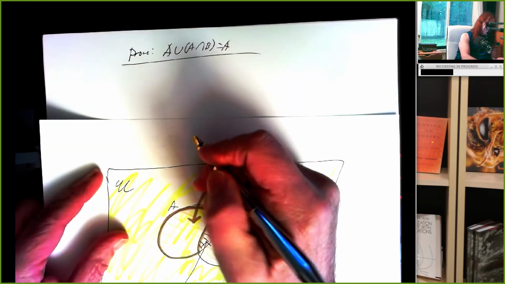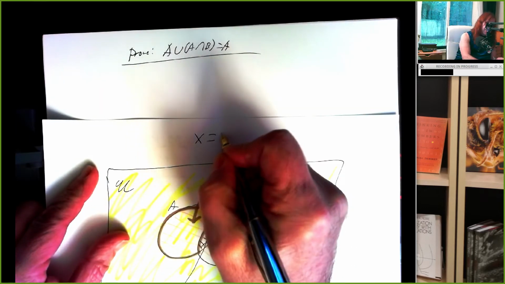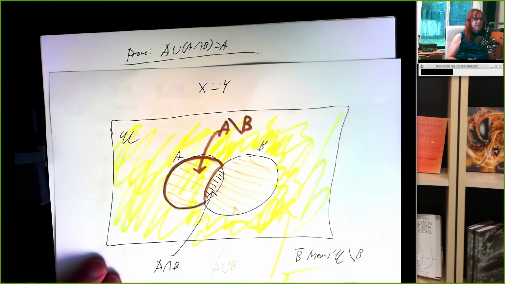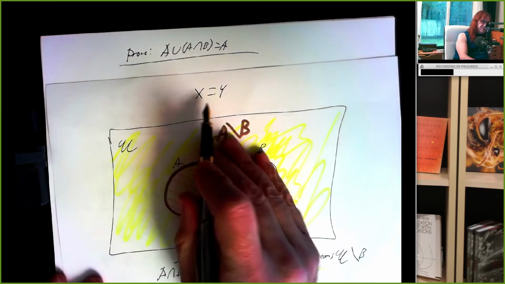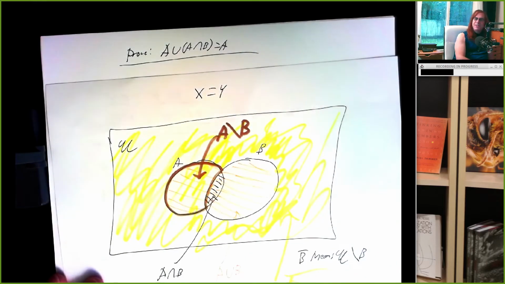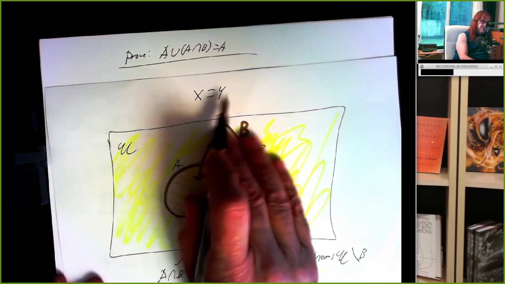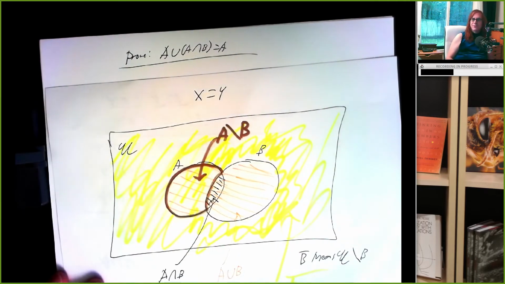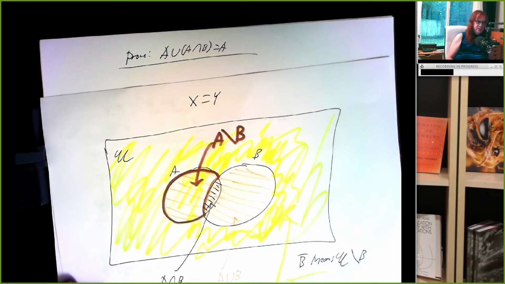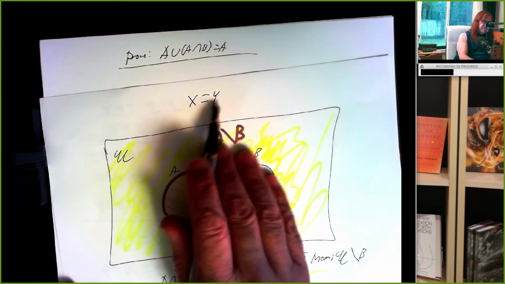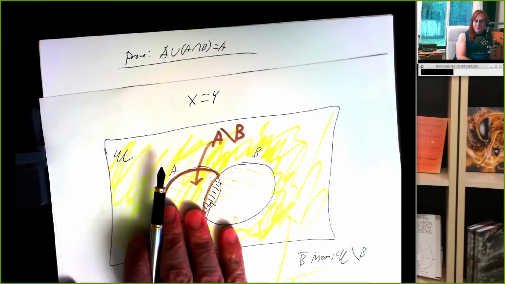So more generally, if you want to show two sets X and Y are equal, all we have to do is take every element in the universe and show that either it's contained in both of these or it's contained in neither. That's what it means to say that these two sets contain exactly the same things. So take the number 3. If it's in X, it's got to be in Y. Take the number 5.